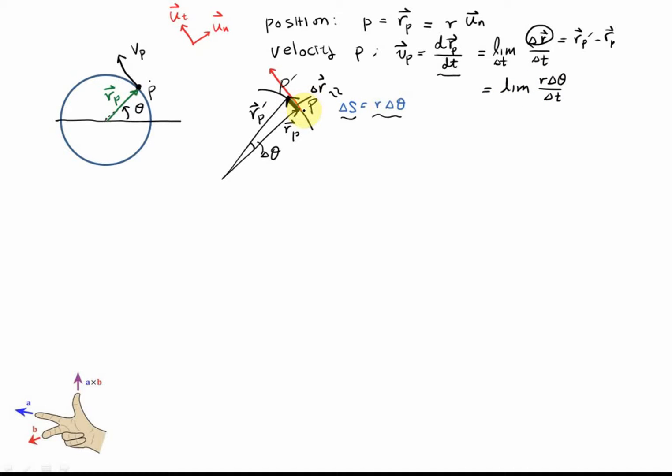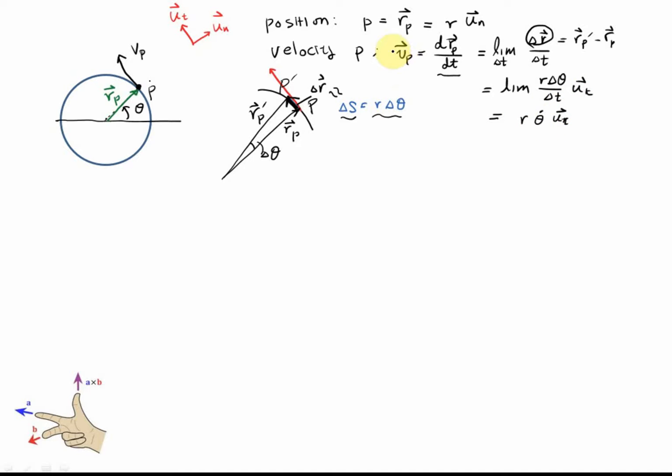However, I need to think about direction. The direction of the velocity at this time is the tangential direction, right? So I use the tangential direction unit vector. Then it becomes r theta dot ut.